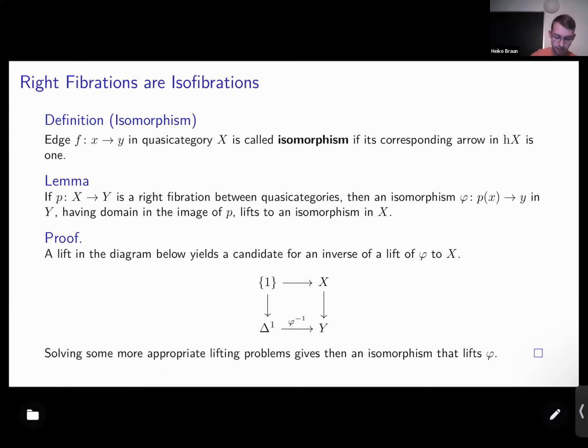And then we can say that whenever we have a right fibration between quasi-categories, call this P from X to Y, then an isomorphism which starts at a vertex in the image of P and goes to somewhere else, this guy lives in Y, of course, we can always lift it to the domain, namely X. And we can lift it to an isomorphism again, now in X. And all this works if P is a right fibration.